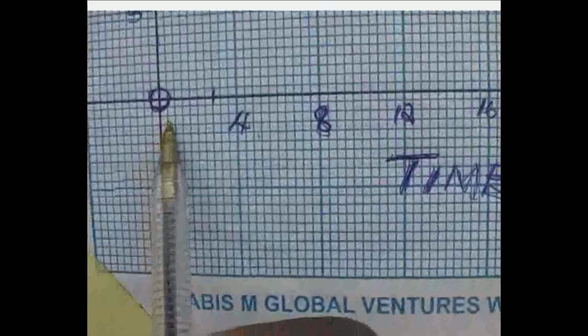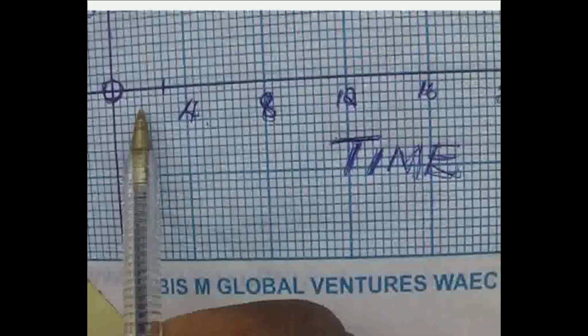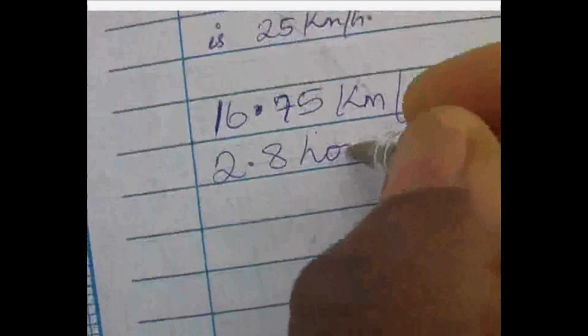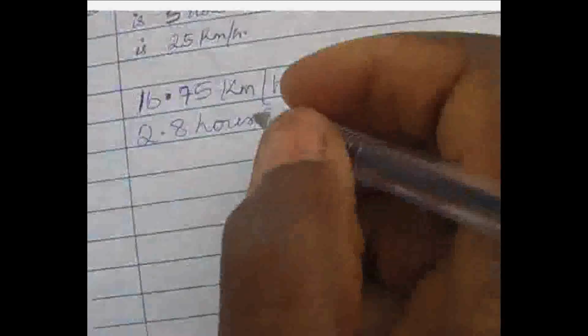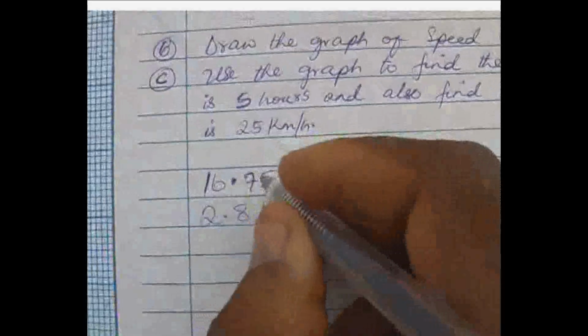So this is 0.4, 0.8, 1.2, 1.6, 2, 2.4, and 2.8. That means the time there is 2.8 hours.